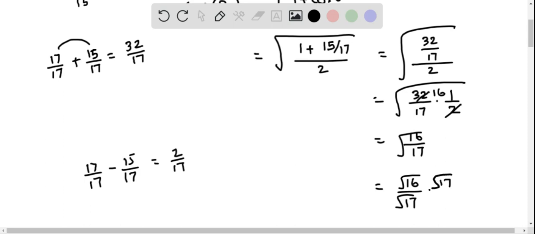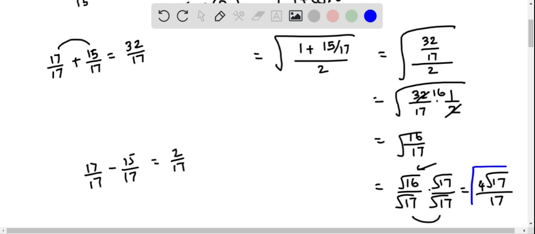We multiply both numerator and denominator by root 17. So this is equal to the square root of 16 times 17 over 17, and the square root of 16 is 4. So the numerator is 4 root 17, divided by the denominator, root 17 times root 17, which is 17. So this is the value of cos theta by 2.